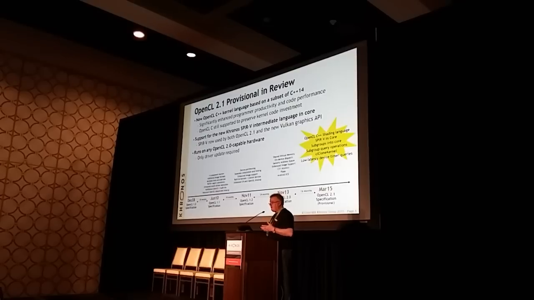We're probably about halfway through that review cycle. Some of the key things in OpenCL 2.1 is what Lee is going to be deep diving into in a second. It's bringing C++ as a kernel language and use of SPIR-V, which is the new intermediate representation that Khronos is defining. And again, we'll go into a lot more detail with the next speaker who's about to come up here on stage.